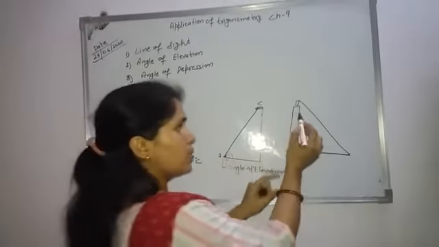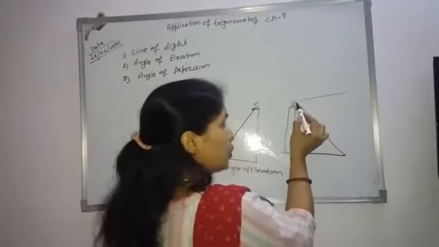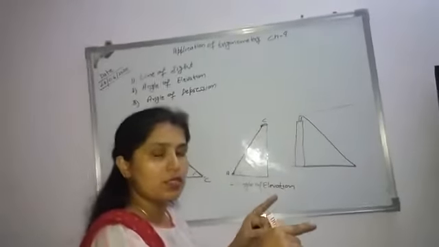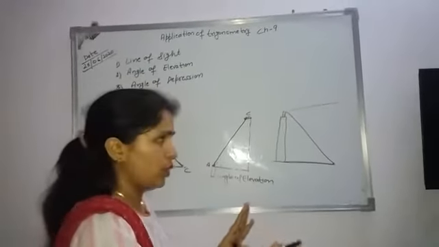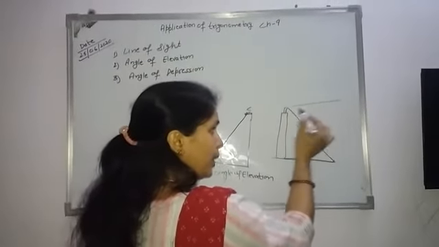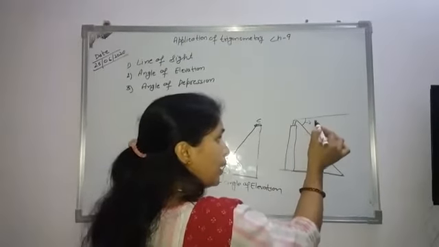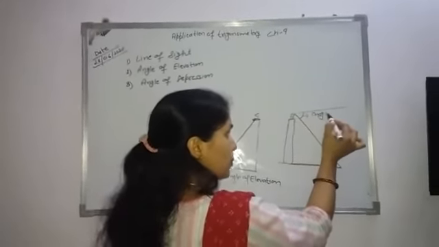So in this case, always we draw a horizontal line to the height of that person or the thing which is given to us. So this is the horizontal line. So this horizontal line and the line of sight, this angle is the angle of depression.